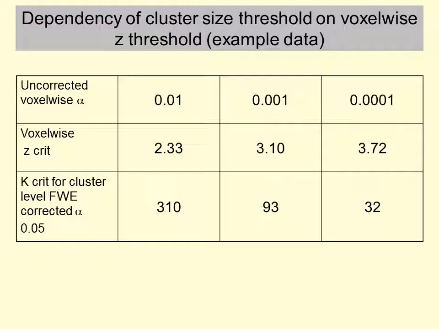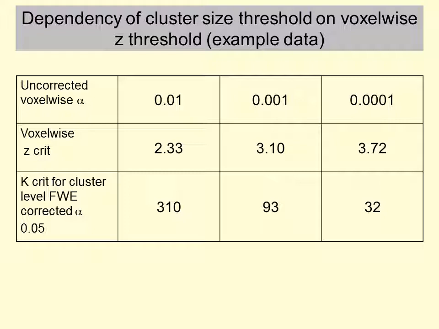And then if we go a bit even stricter on the initial height threshold, we put that in at a Z of 3.72, then ultimately clusters of 32 voxels or larger can have this property that they've got less than a 5% chance of being a false positive cluster. So that would be the kind of settings we'd use if we were looking for a region like the superior colliculus using this method of thresholding.